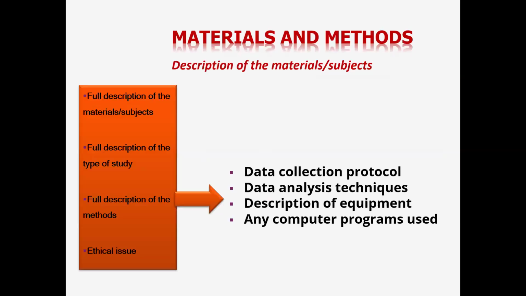And as we said, we can ask artificial intelligence for help in defining which type of study design we can use. The third part of the material and method, we have to highlight the data collection protocol, the data analysis technique, and the description of equipment. If I use any equipment or any questionnaire, I have to highlight which type of questionnaire I used and put the reference of this questionnaire.